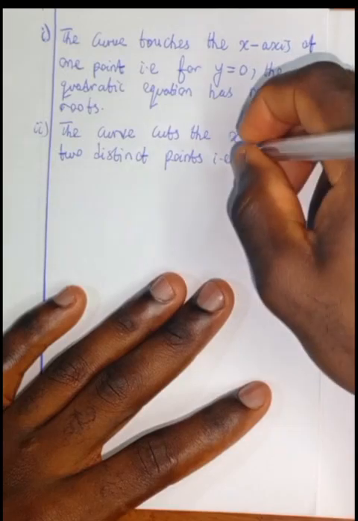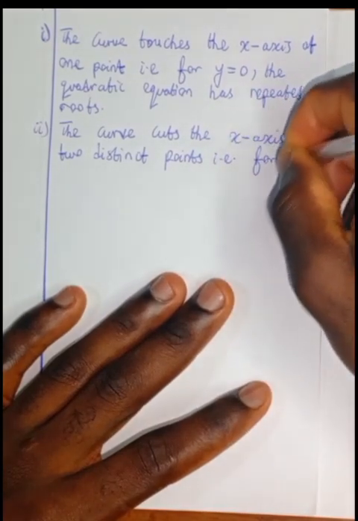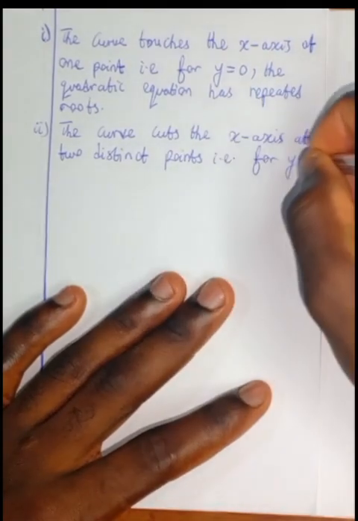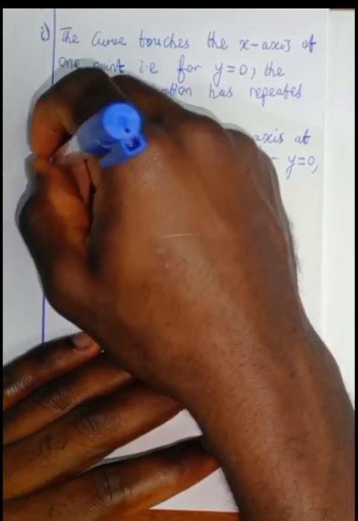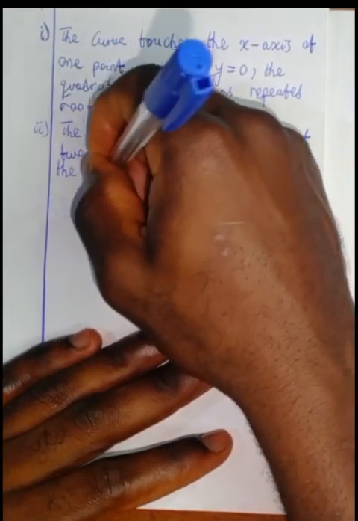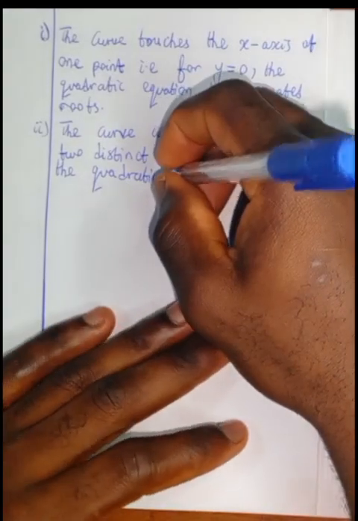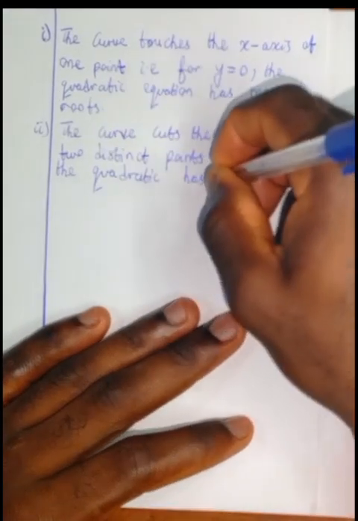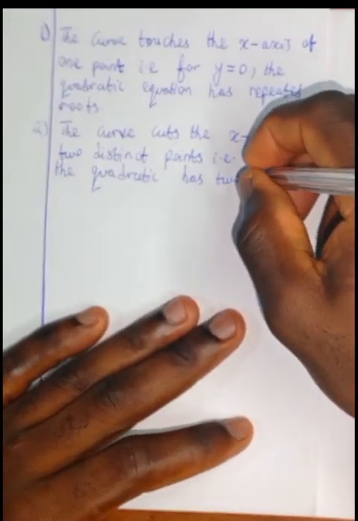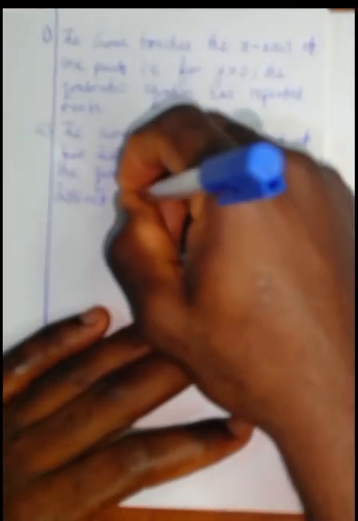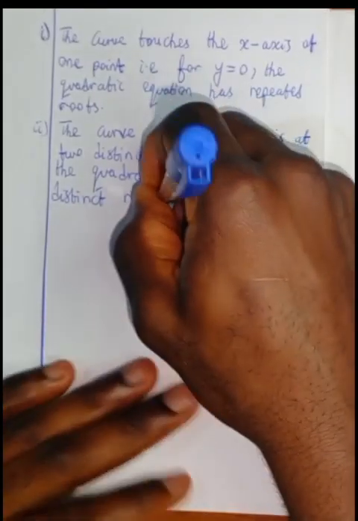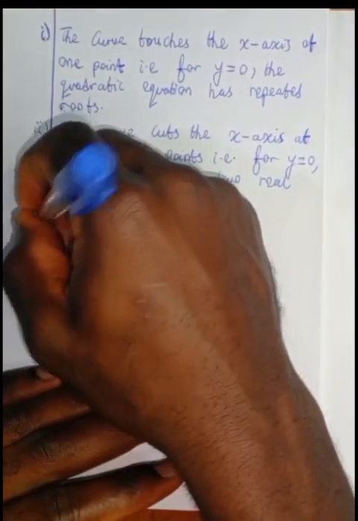That is, for y equal to 0, the quadratic equation has 2 real distinct roots.